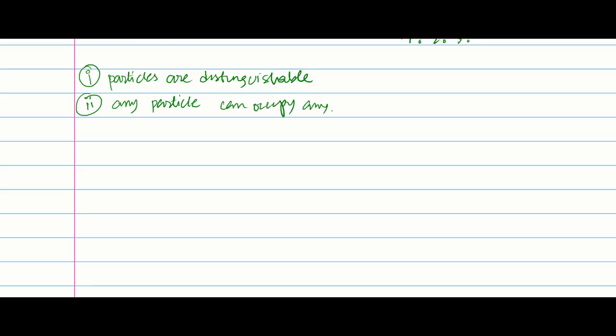It means that in MB statistics, the particles are distinguishable, any particle can occupy any state, and each state can be occupied by any number of particles.